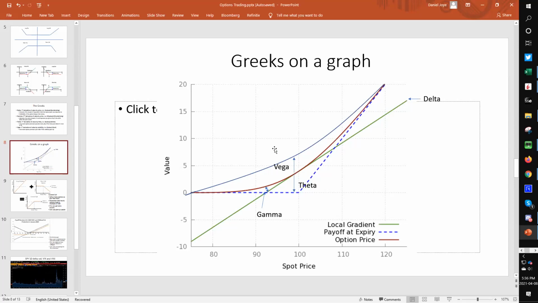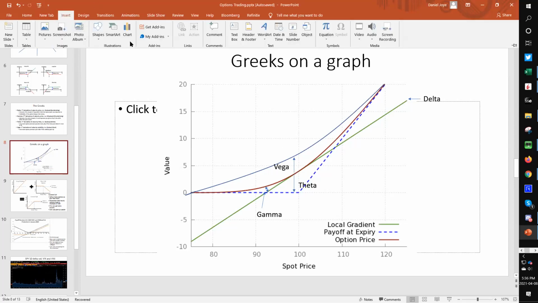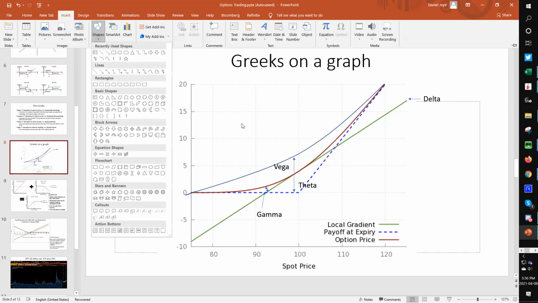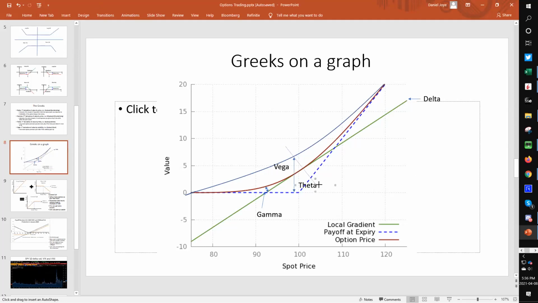It's as if I would have drawn an arrow, and my theta is going in this direction. As I go closer and closer to expiry, this curve goes in that direction, and I'm losing time value during that time. What my vega does is, take the red one and the blue one and assume they are at the same expiry. The blue line is the one that has a higher implied volatility than the red line for the same time step.